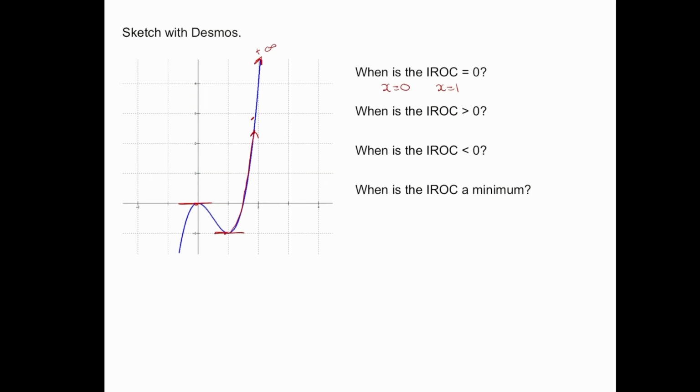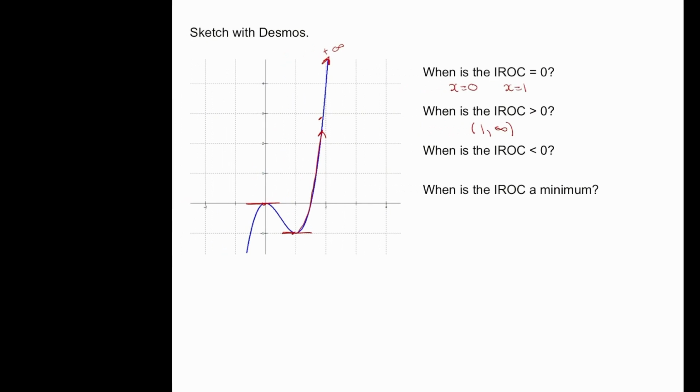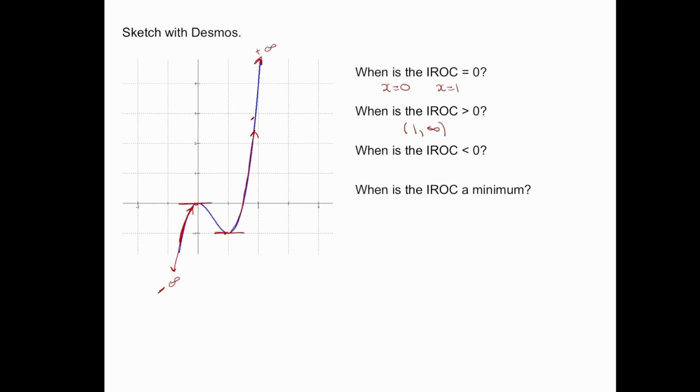So we have an interval from 1 to infinity, but we also have another interval where it is going up and to the right, and that is this interval right here. While this line goes all the way down to negative infinity, this section of the graph is actually coming upward, and so we would say that is a positive slope. So we have another section of tangent that would be positive from negative infinity to 0.